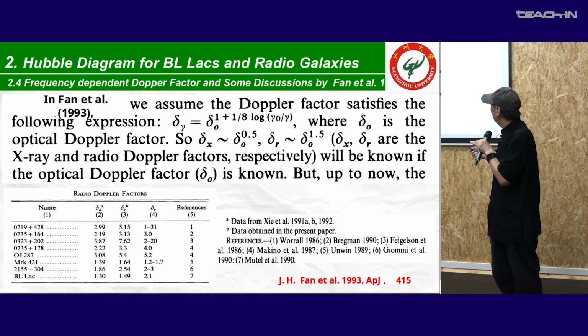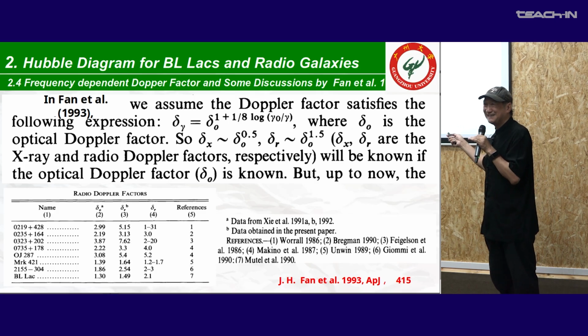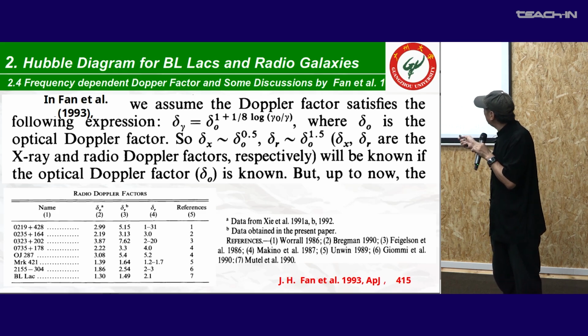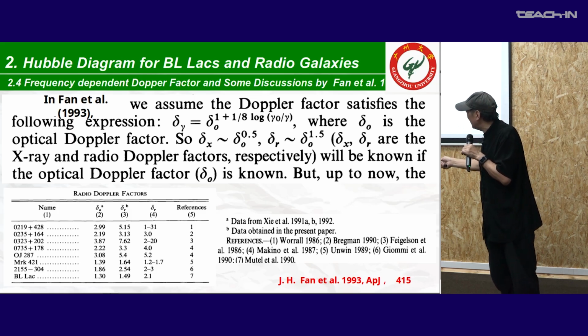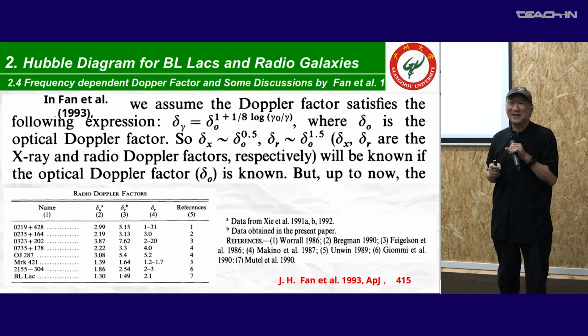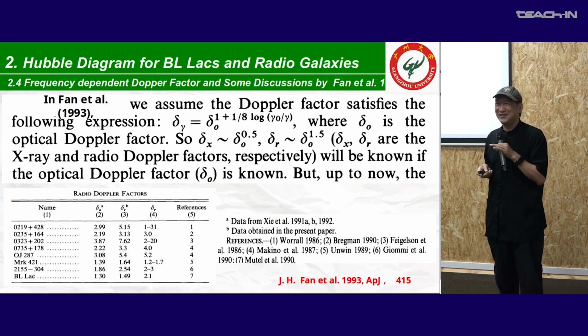This relation we got: if we use the optical Doppler factor, we can get the expected value. When we compare with the known values, they're almost the same. I think this is consistent.